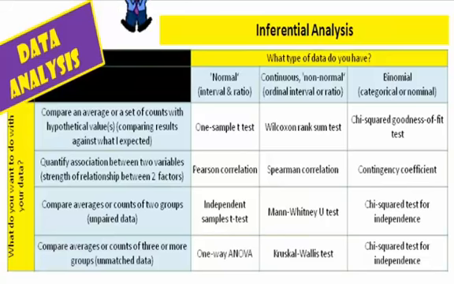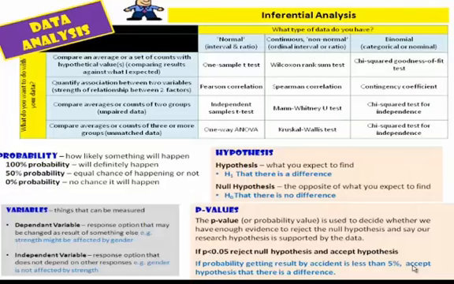And the result of that test will give me a probability value, or a p-value, as to whether or not I've got enough evidence to reject my null hypothesis, which means I can say that my research hypothesis is true statistically.